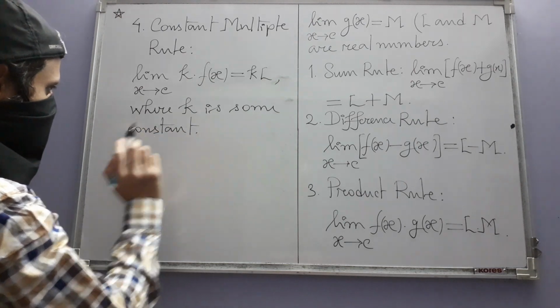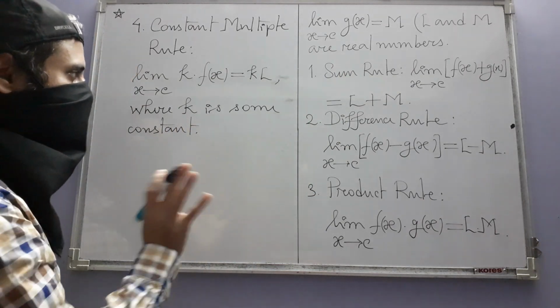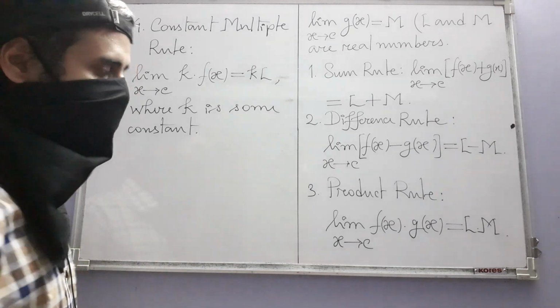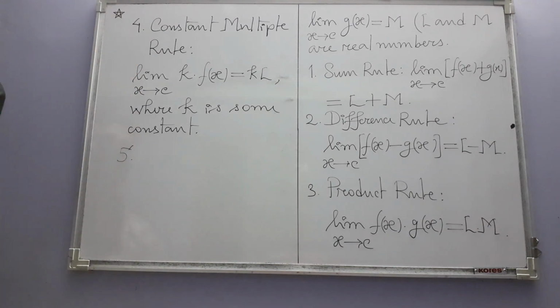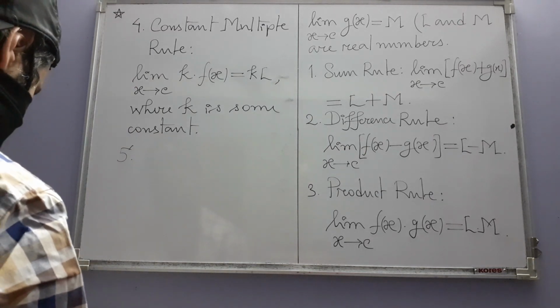That means k is some real number, which is constant in the sense that k does not change with x. You can change x, but k will remain k. Then there is this fifth one, which is the quotient rule.